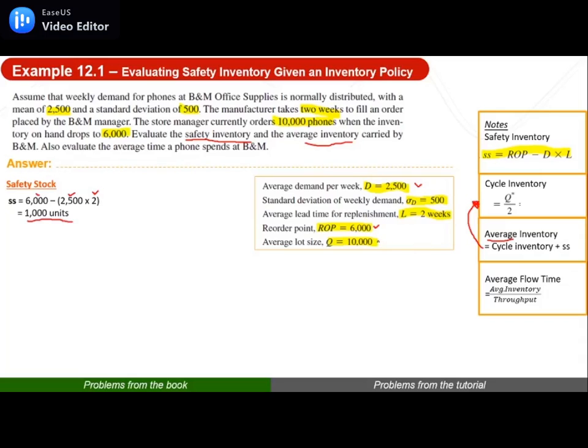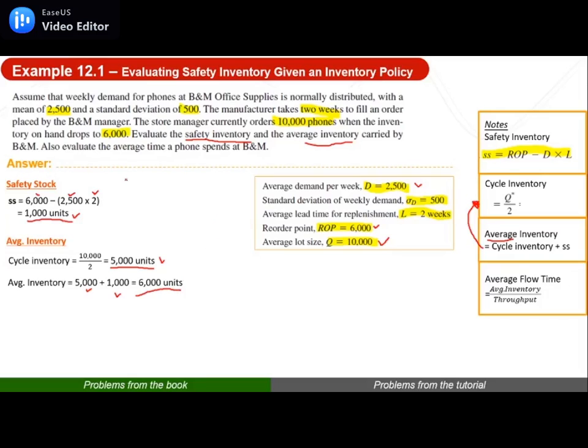Q is known from the problem, so we put in 10,000 divided by 2, and we get a cycle inventory of 5,000 units. Then the average inventory is the cycle inventory, 5,000, plus the safety inventory, 1,000, so the average inventory carried by B&M is 6,000 units.